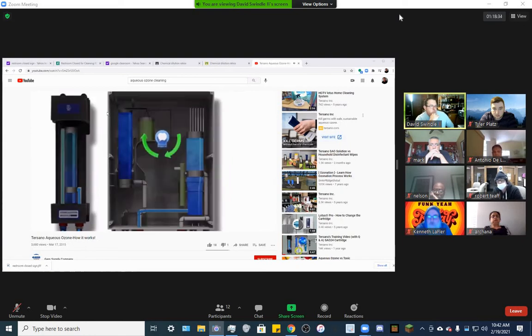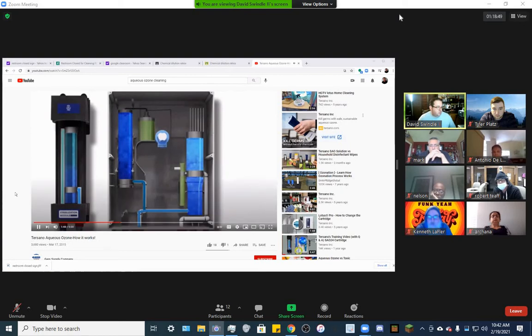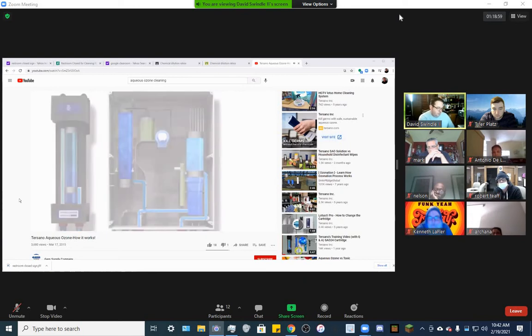Oxygen enters the dispenser through the filter cartridge. 4,500 volts of electricity transforms O2 into O3. Ozone gas that is not saturated is separated and safely dispensed as oxygen. Aqueous ozone leaves the dispenser to fill mop buckets, trigger sprayers, and other cleaning equipment. Now let's see it in use.